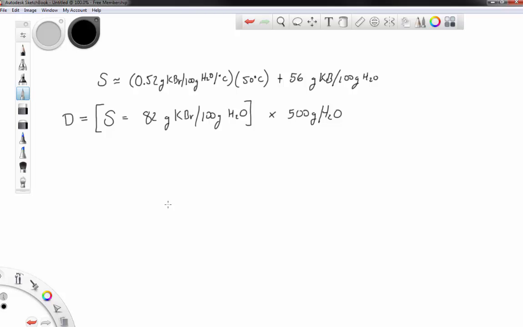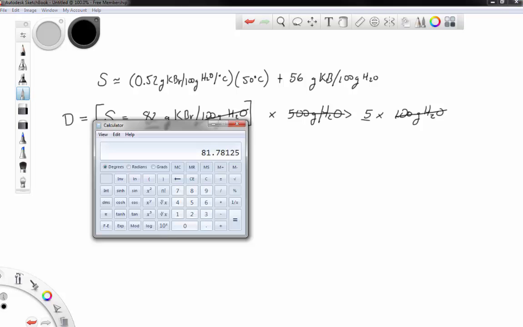But this 500 grams right here, I'm actually going to break it up into being 5 times 100 grams of water. The reason why I'm doing that is because it's nice to just be able to cancel like units. So we can still cancel like this, and you have a 5 times an 82, and that's what we're left with.